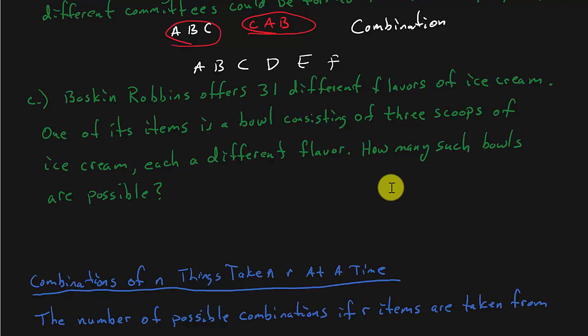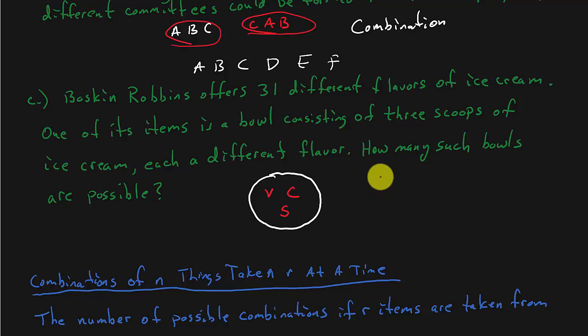All right, so let's suppose that we have a bowl here. Let's just say that we get a scoop of vanilla and put it in there. We get a scoop of chocolate and put it in there, and we get a scoop of strawberry and put it in there. And then you give the person their bowl.